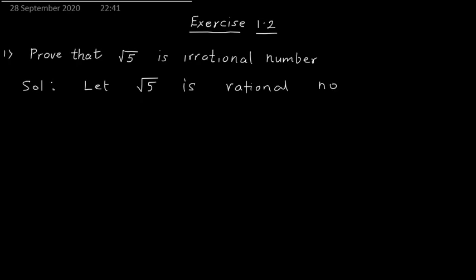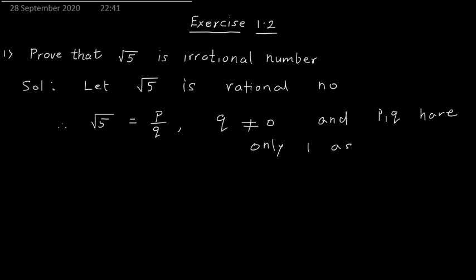Therefore root 5 is equal to p upon q, where q is not equal to 0 and p and q have only 1 as a common factor. There are various other ways to say this. We can say that p and q have no common factor except 1. That is also acceptable.